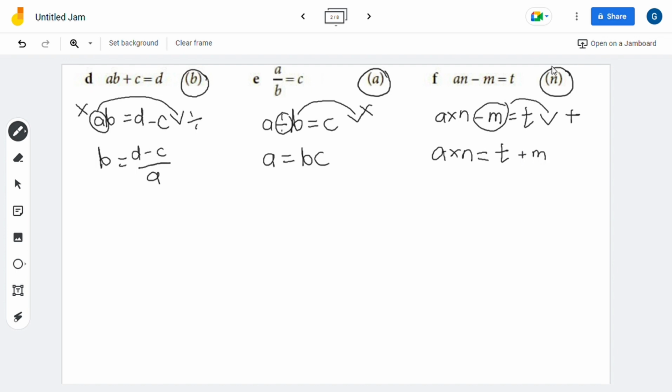And since we need to make n the subject of formula, we move a over here. Here a is used as times, so as it is moved to the other side, it will become divide. N will equal to t plus m divide a. That will be our answer.